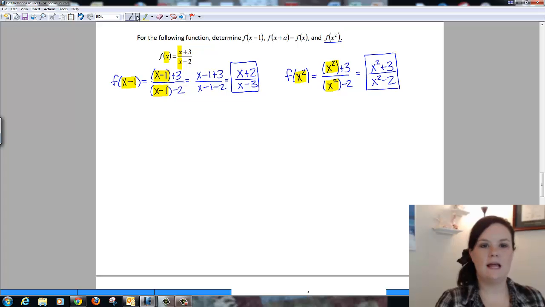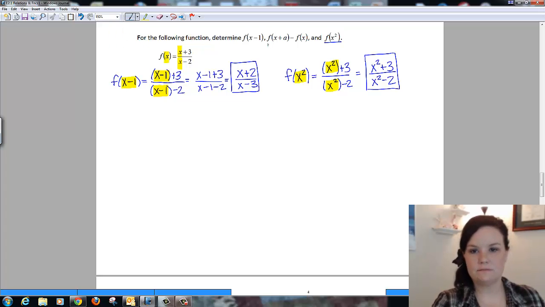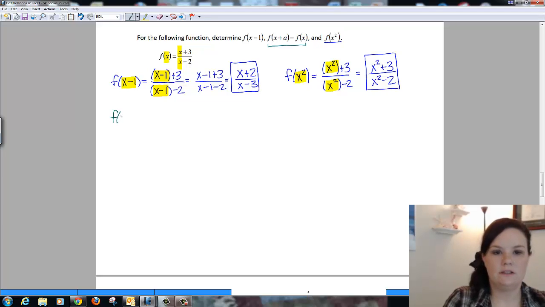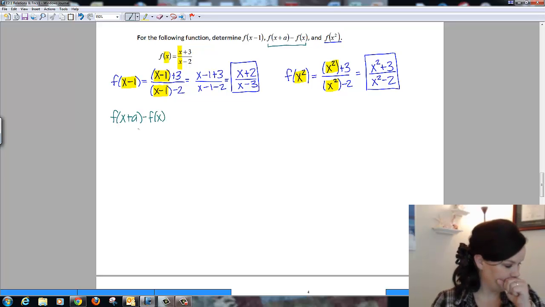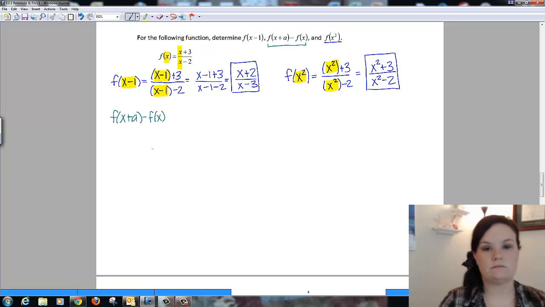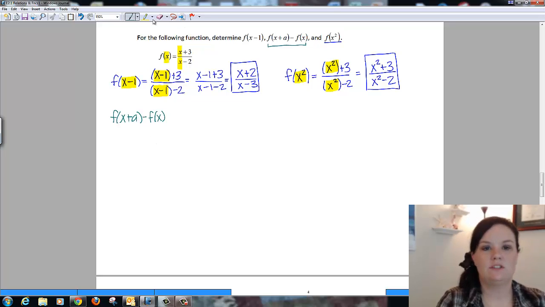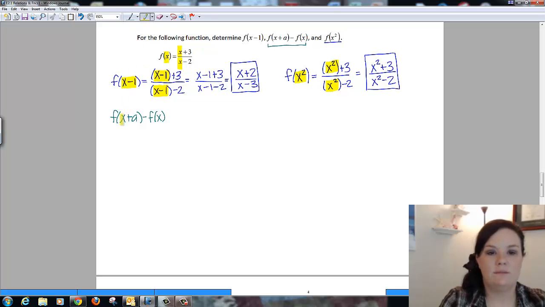Okay. So the last one that I have to do is this middle guy, which has two parts. So I have f of x plus a minus f of x. Excuse me. And I'm going to go ahead and do it all together. So this first piece says that I'm going to plug in x plus a in my original function where I see x's.